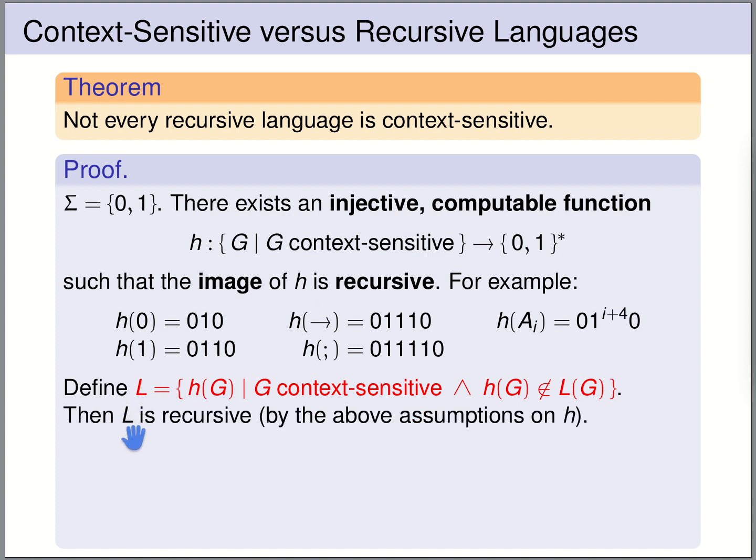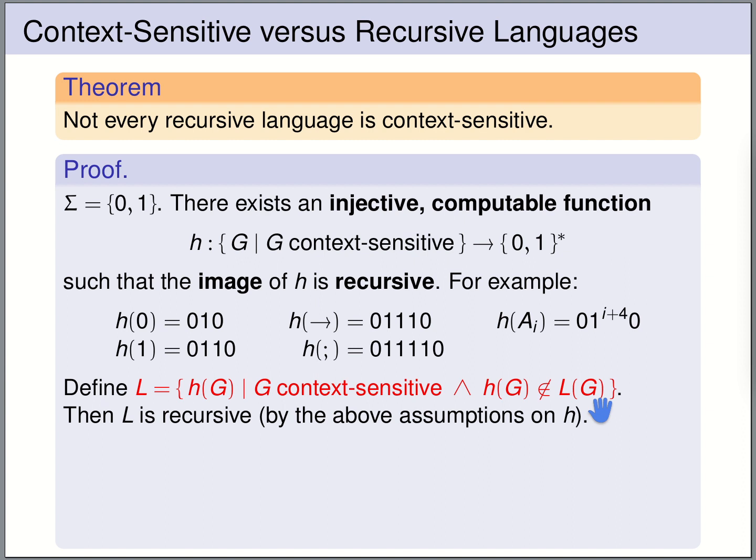And this language L is recursive, because a Turing machine can take such a code, a word over 0 and 1 as input. We can run our parser that tells us whether this is a valid code of a grammar. And if it's a valid code of a grammar, then the Turing machine can check whether the code is derivable by the grammar denoted by the code.